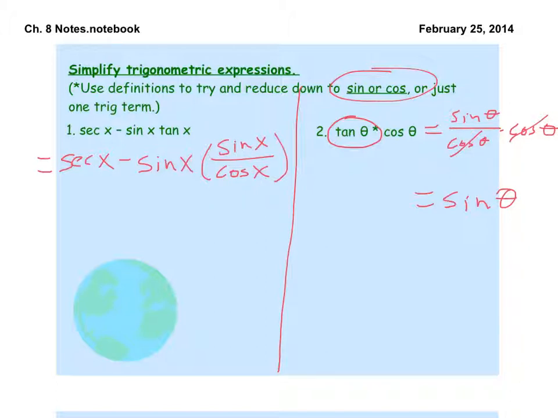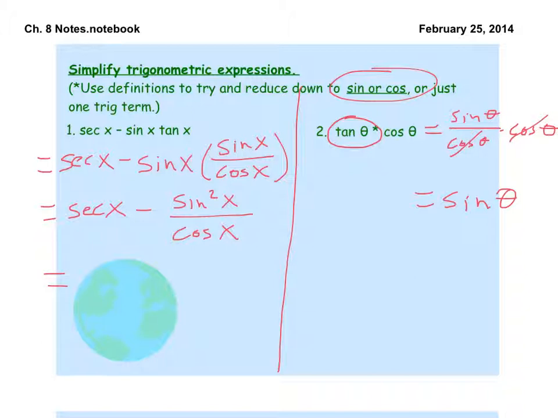Okay, now multiplying those 2 terms, I get sine squared of x, it's coming from sine times sine, over cosine of x. Okay?